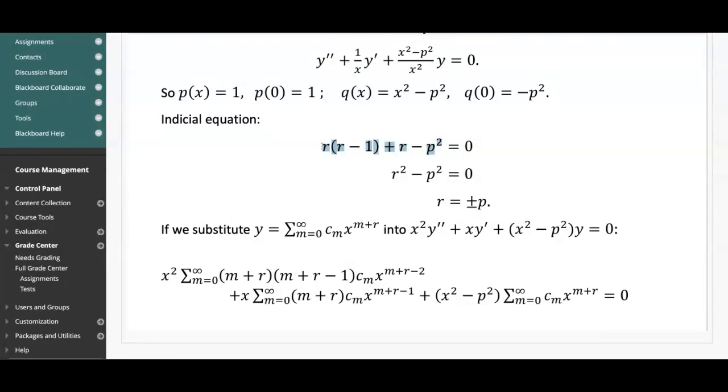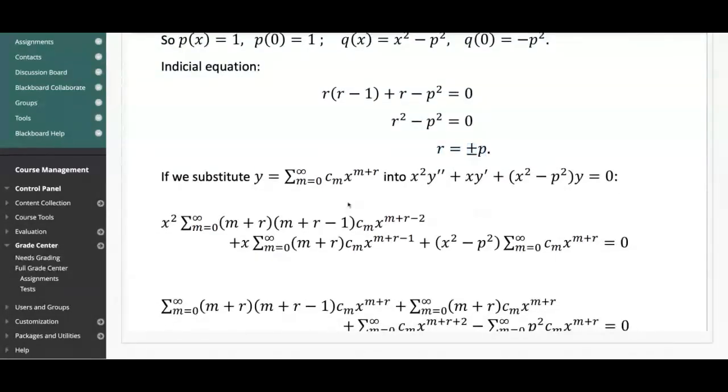We simplify, and in the end we get r squared minus p squared equals 0. Now we solve this indicial equation and get r equals plus or minus p. Remember, one of the solutions has the form x raised to m plus r.